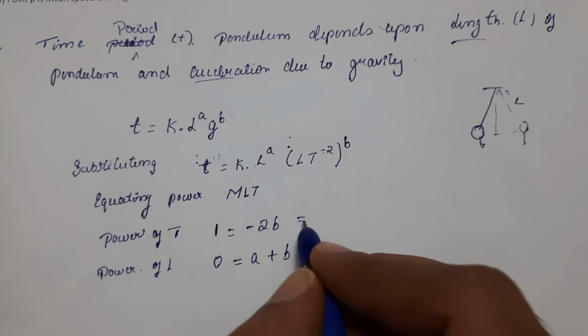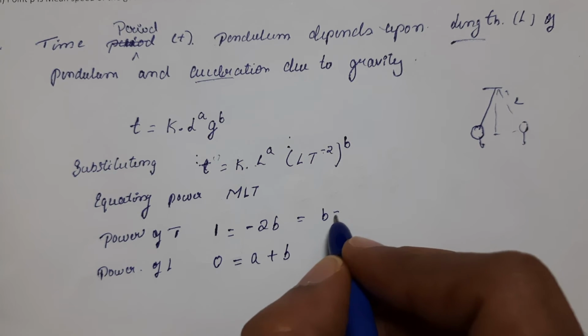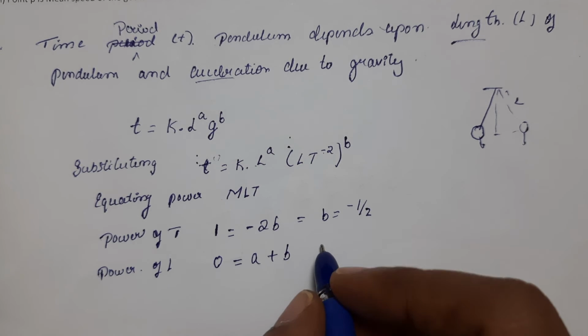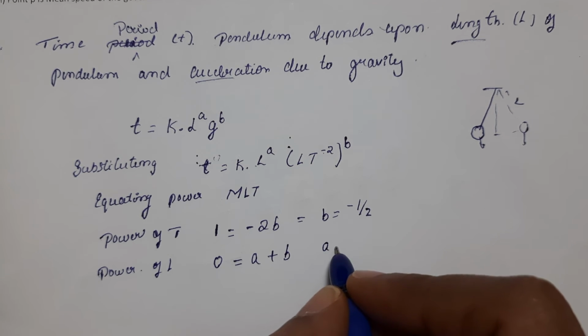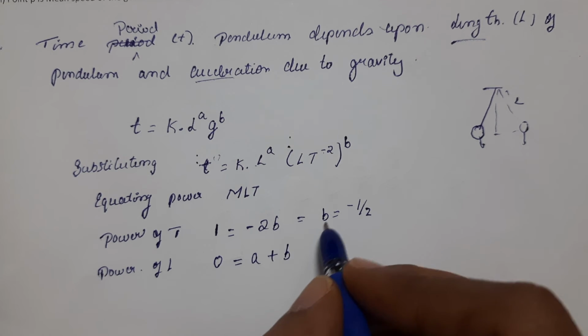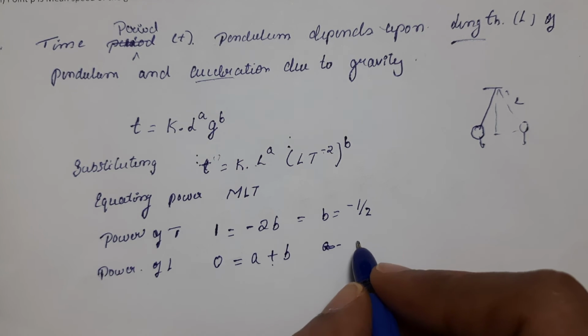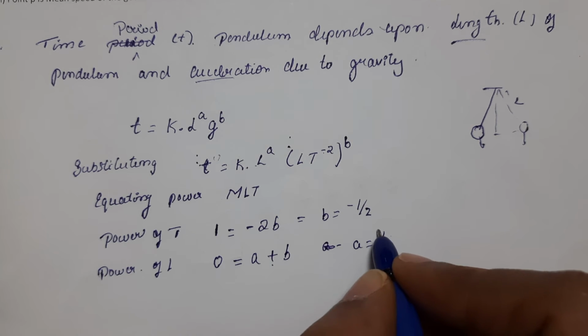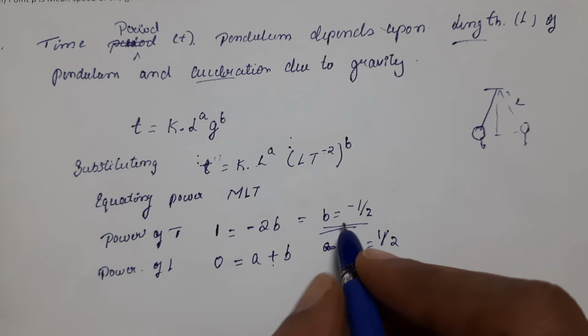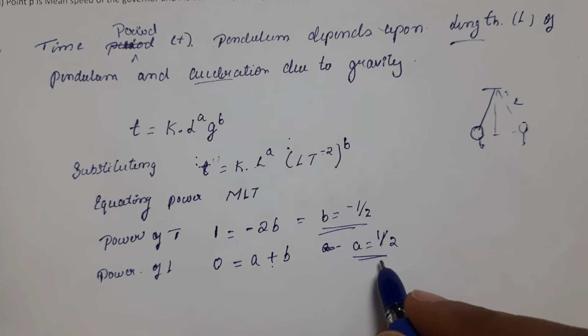So these things we can write down in a simpler way. b is equal to minus 1 by 2, and since b is equal to minus 1 by 2, we can substitute this in this particular equation. So what we get is a is equal to 1 by 2. b is equal to minus 1 by 2 and a is equal to 1 by 2.